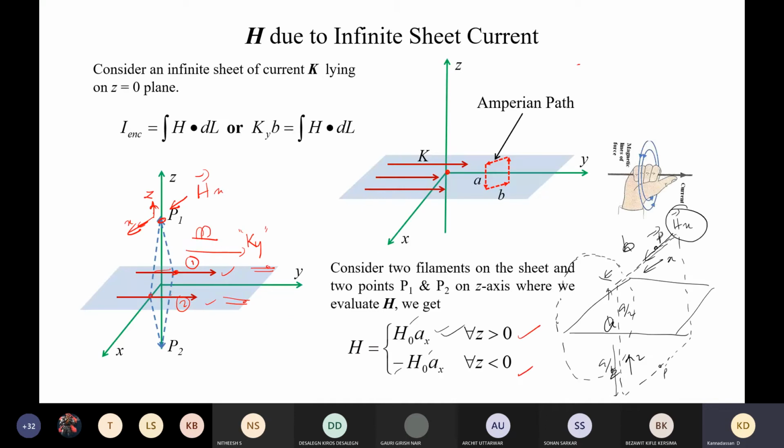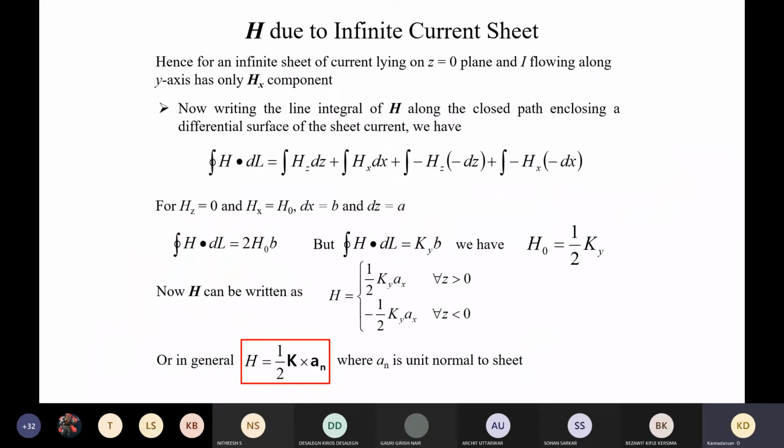After finishing that, now I have to say this is the x component. The x component will not be available along the z axis, so obviously those integrations will become 0. Only I have to calculate for this up and down. So in order to calculate the closed loop integration of the magnetic field along this, I have to take a small dl.